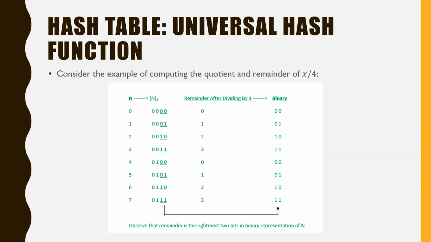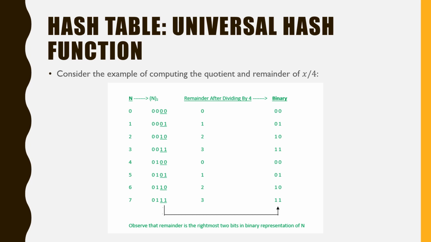For example, consider the case of computing 7 divided by 4. We can easily find that the quotient is 1 and the remainder is 3. Let's see how these numbers can be computed using bitwise operations. We know 4 is 2 to the power of 2, and therefore in this case we have k equals 2.